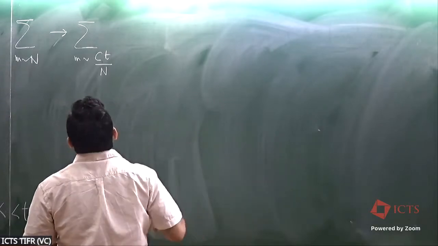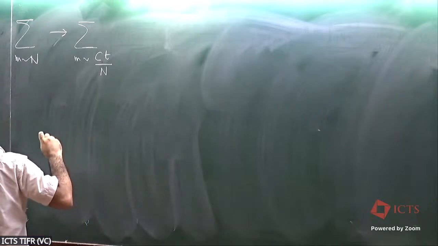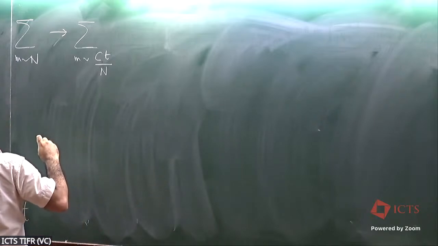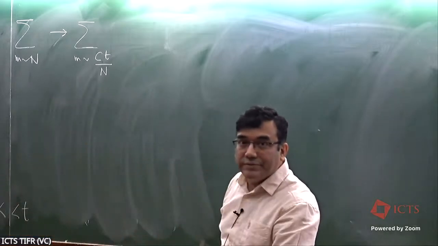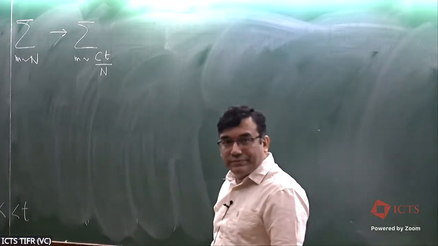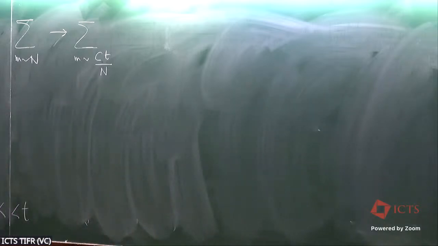And what happens to this when I do the Poisson summation formula? When I apply the Poisson summation formula, I'll have the Fourier transform of that. So I'll have alpha modulus C, e of minus alpha d bar by C plus m alpha by C. Right?